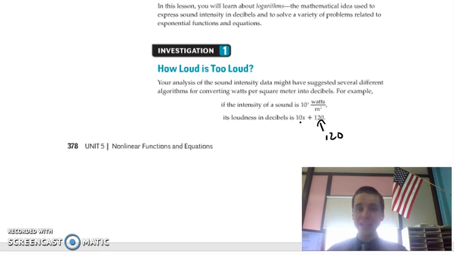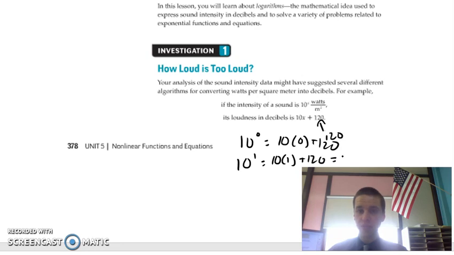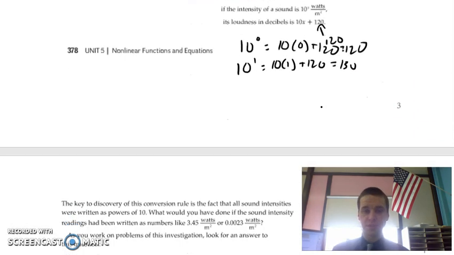And we know that as the exponent increases by 1, the actual value increases by 10 for the decibels. And so therefore we have, if it was 10 to the 0, we know that would equal 10 times 0 plus 120. And 10 to the first would equal 10 times 1 plus 120, which would give you 130. And so therefore we have an equation that can help us take the intensity and create it into being decibels.